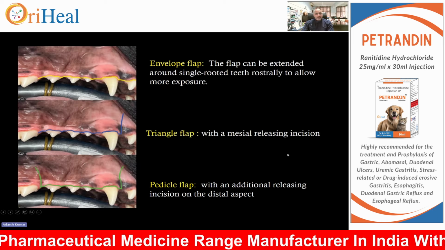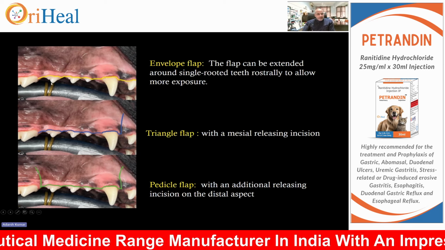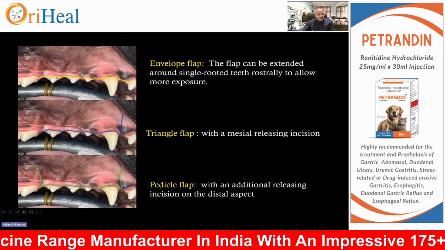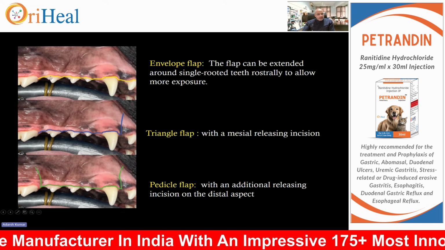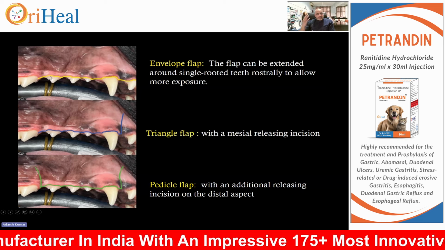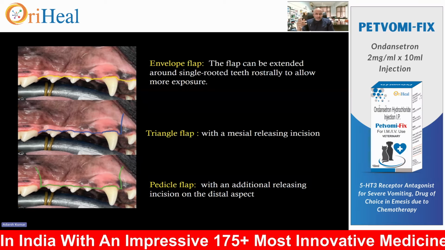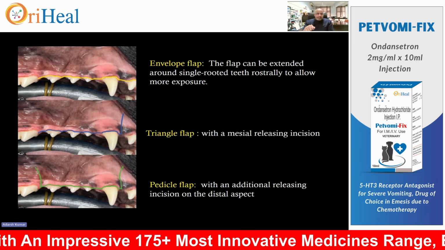This is for all the teeth. If you want to release one, you can give the incision over here, right? So cut it and you can do an envelope flap. For a single rooted tooth, you need not give two incisions. You can simply cut the junctional epithelium and undermine it. You will create a kind of curtain over there.